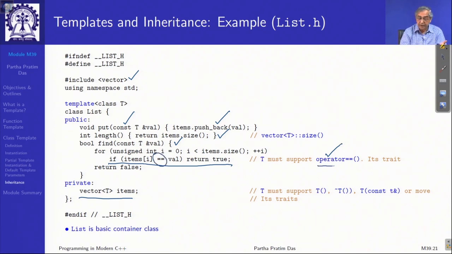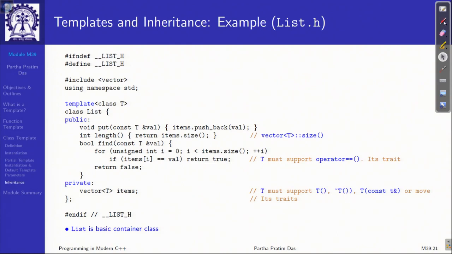So, the trait must include this. Similarly, for creating a vector, and vector can expand, it might need to copy when it expands. So, I need the constructor, destructor, copy constructor, or move. We have not seen move yet, it will come in C++11 for the list. So, this is my basic container.